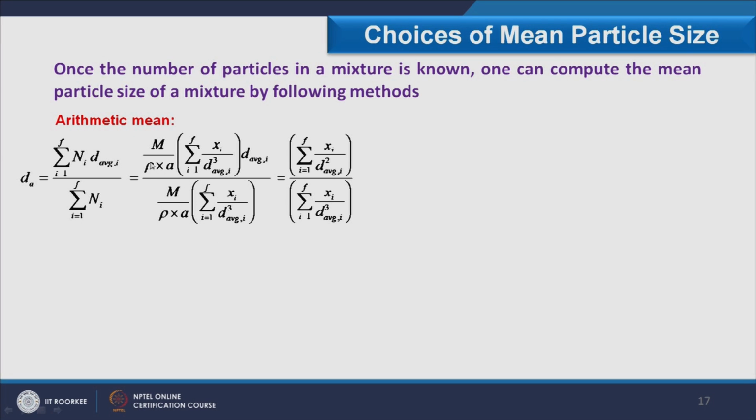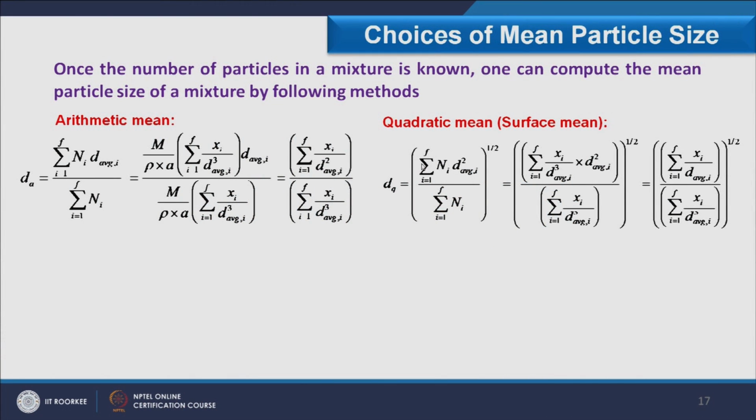Once I resolve this, as all these values will be cancelled out, the final expression of arithmetic mean would be summation I 1 to f xi d average I square divided by summation I 1 to f xi divided by d average I cube. So, this is the expression for arithmetic mean.